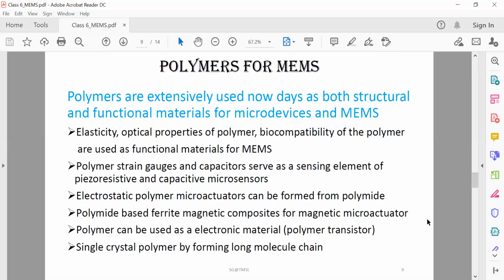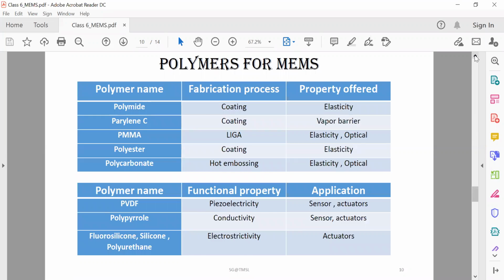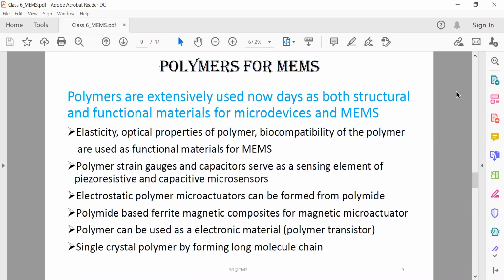Polymer can be used as a structural as well as a functional material. I will show you a table on which properties are used for making functional layers or functional devices, and which properties of polymers are used for structural devices. I will show you in the next slide.